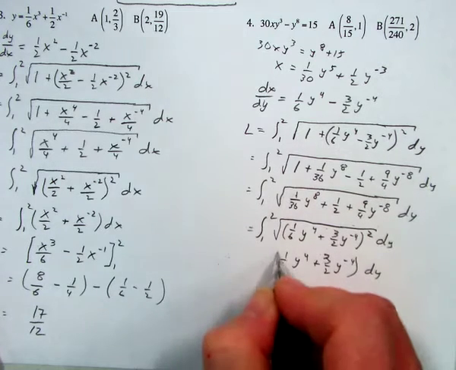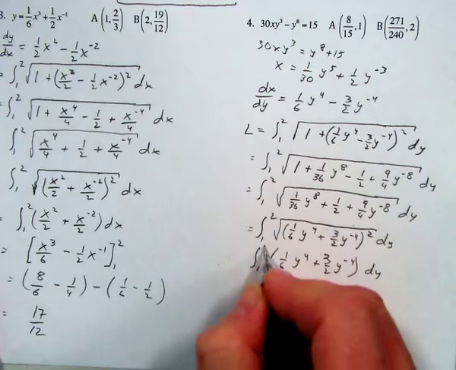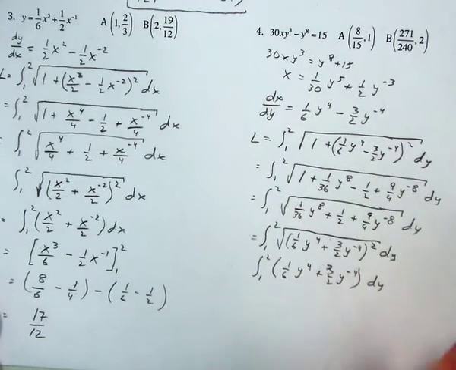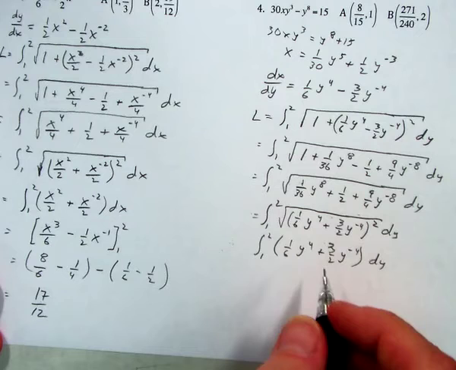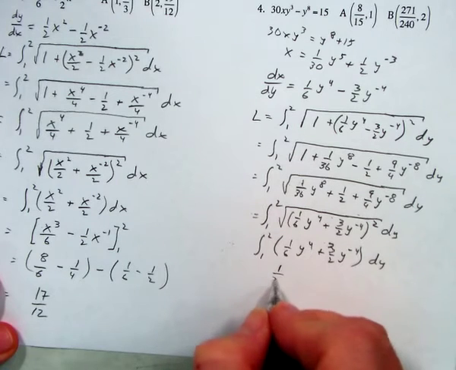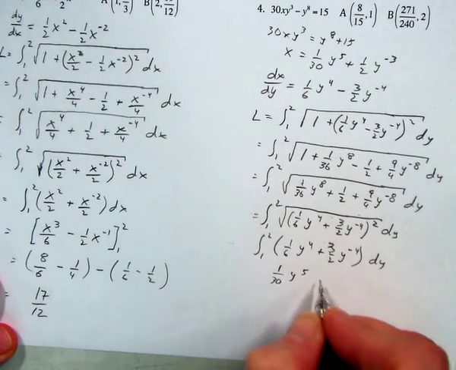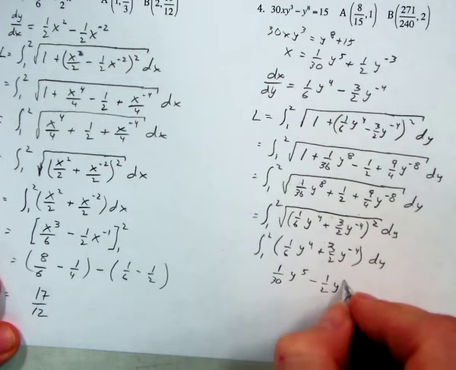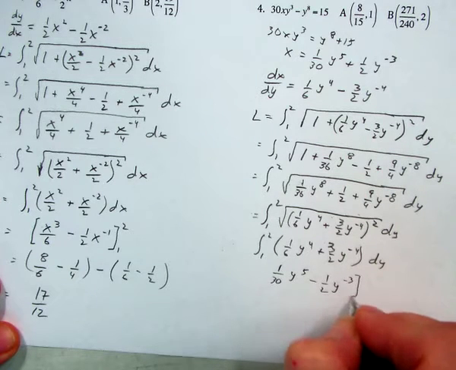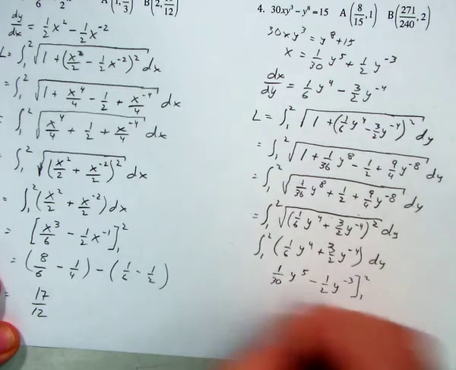The square root of that quantity squared just gives us the quantity. Now we can find the antiderivative of this. 1 over 30 y to the 5th minus 1/2 y to the negative 3, evaluated from 1 to 2.